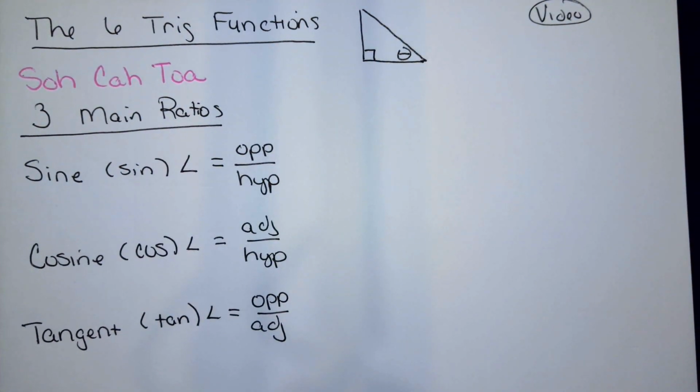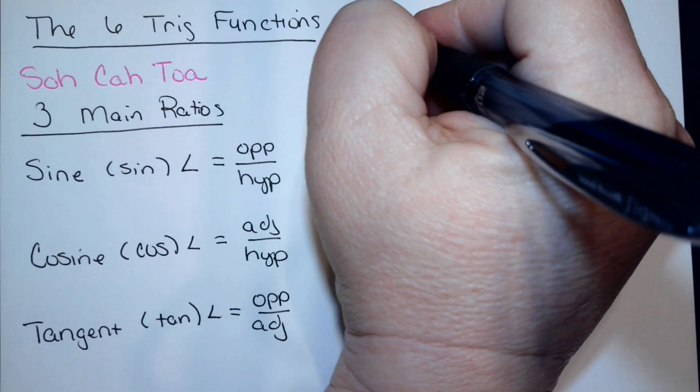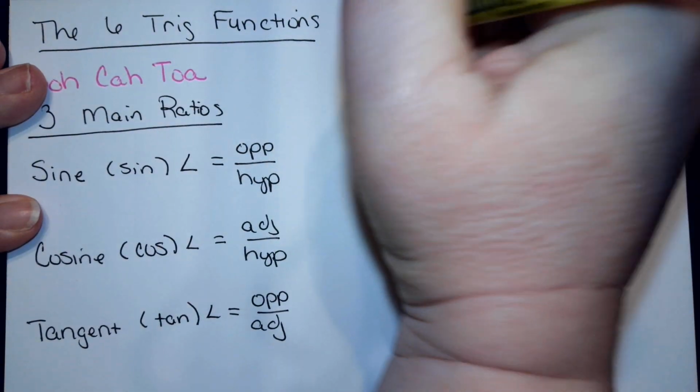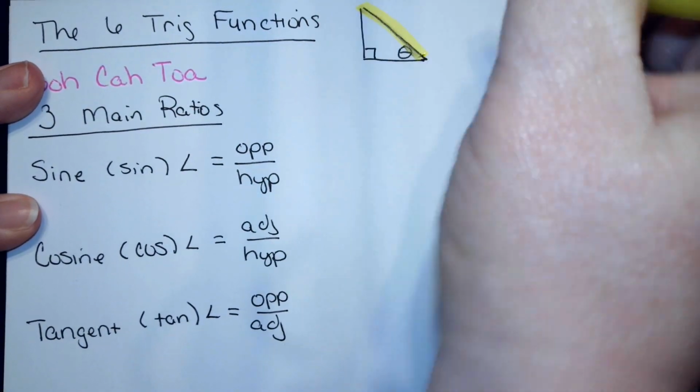Some of you struggled a little bit with opposite and adjacent. We all figured out what the hypotenuse was: the slanted side, the side that is not the right angle side. I suggested that when you have your triangle, you highlight the angle that you're working with.